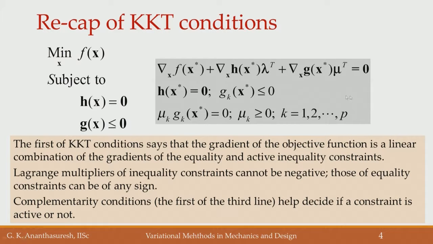That is why we use different symbols, lambda and mu. Mu has to be non-negative, whereas lambda can be negative or positive or 0.